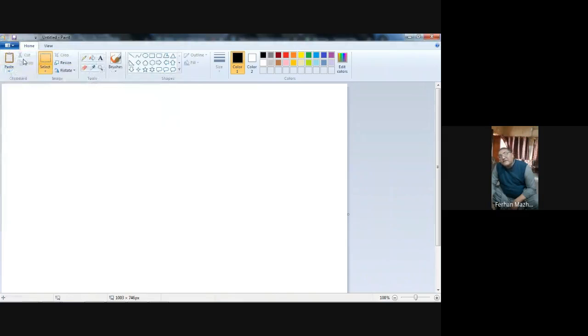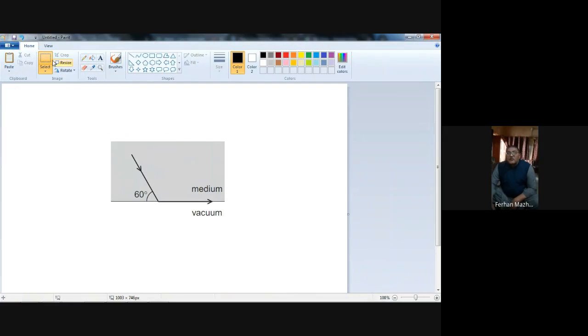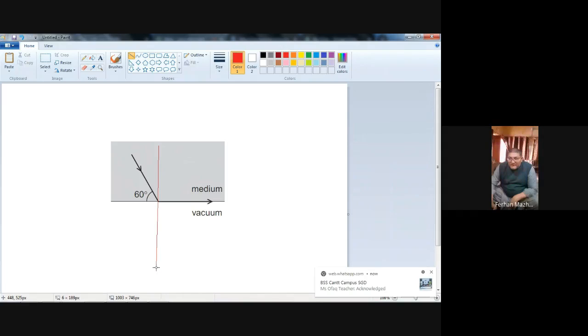Here we go, let me draw a normal here. The normal is something which makes a 90-degree angle with the surface. This red line represents the normal.